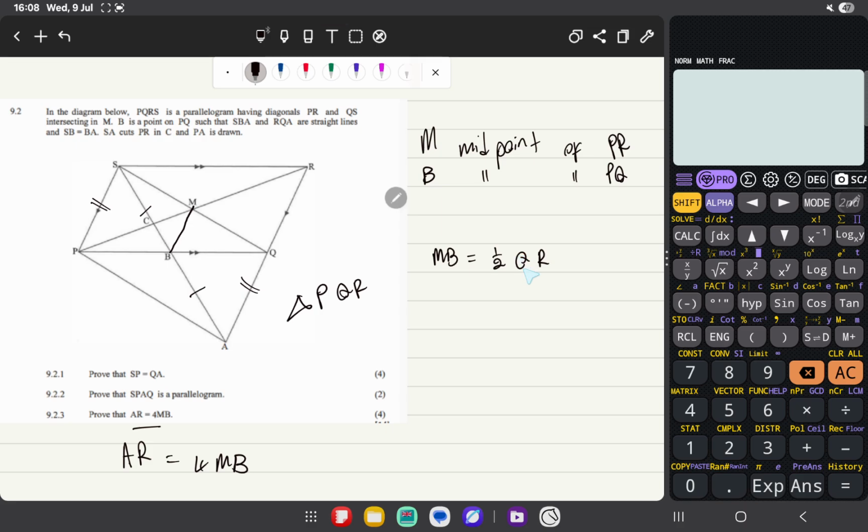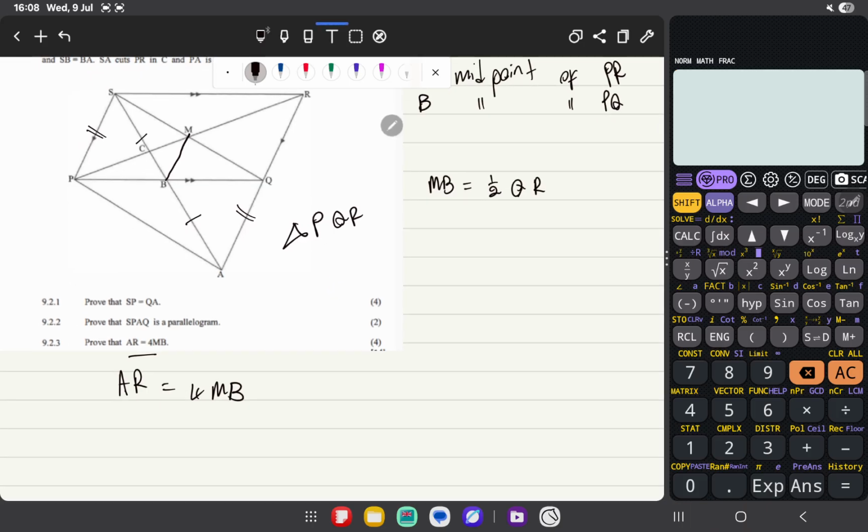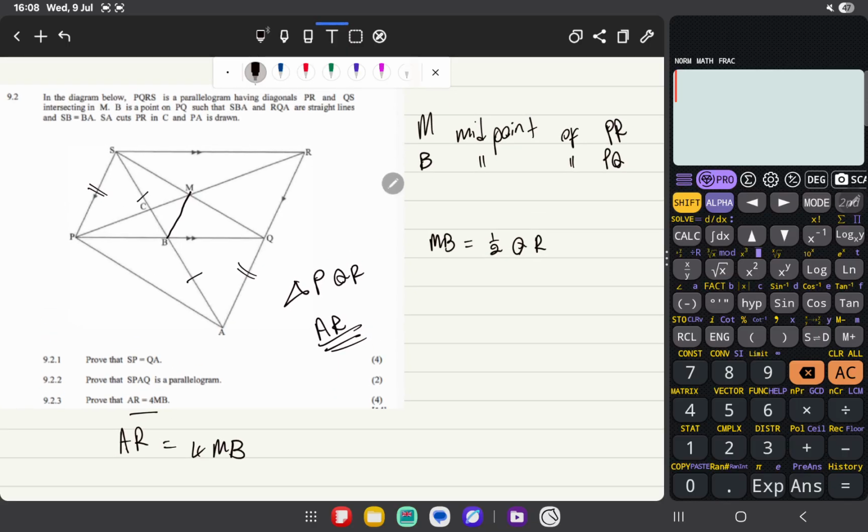Right? So let us pause for a second and let's talk about AR. Look, AR is equal to QR plus QA.